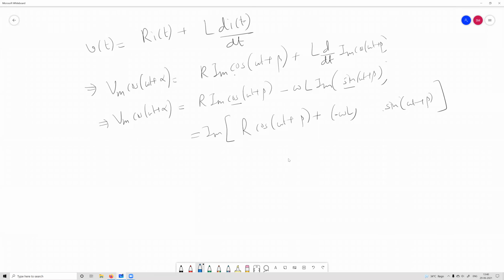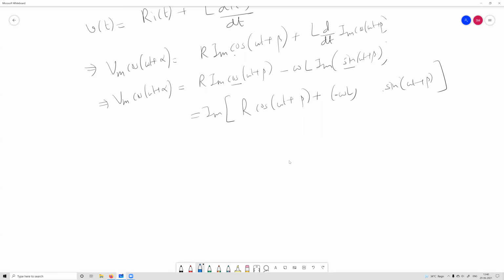Now we do a trick. We define R over square root of R square plus omega L square as cos of phi, and omega L over square root of R square plus omega L square as sine of phi. You can verify that sine square phi plus cos square phi equals 1, as expected.